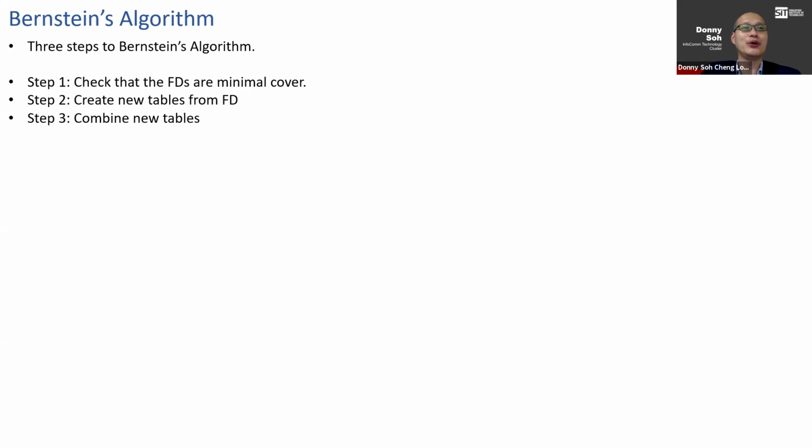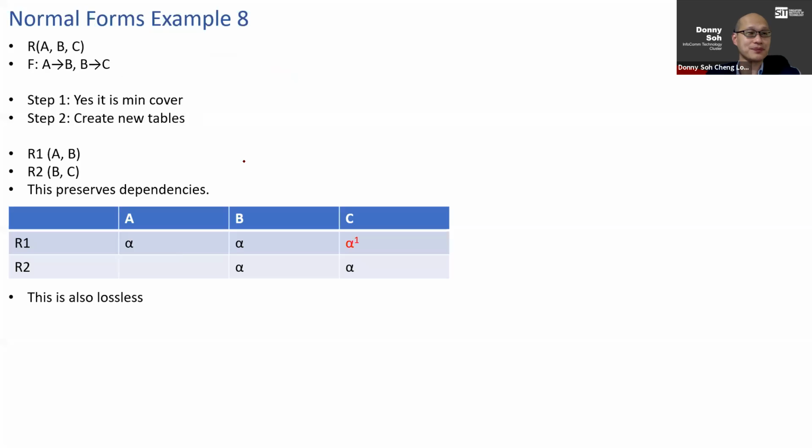This goes back to our previous lessons on finding the minimal cover, which is why all these are very important. So you need to find the minimal cover. You create the new tables from these minimal cover functional dependencies, and then you combine them if you need to. So these are the 3 steps involved. I will go through the example to make it clearer.